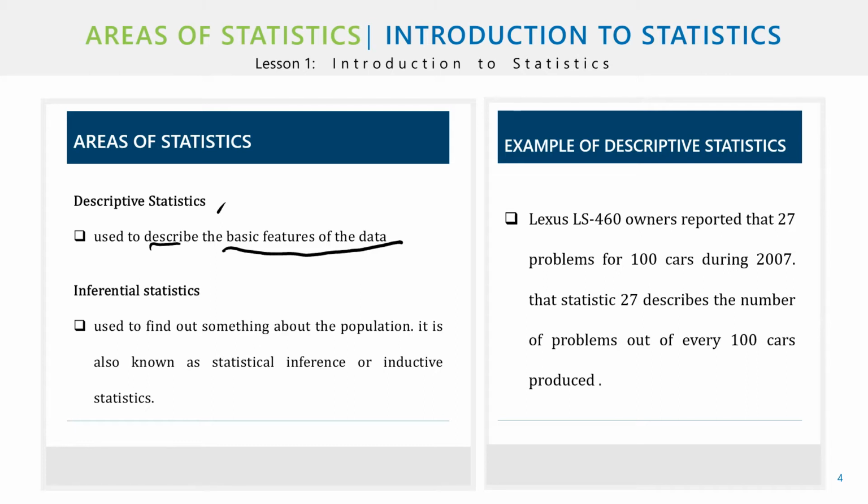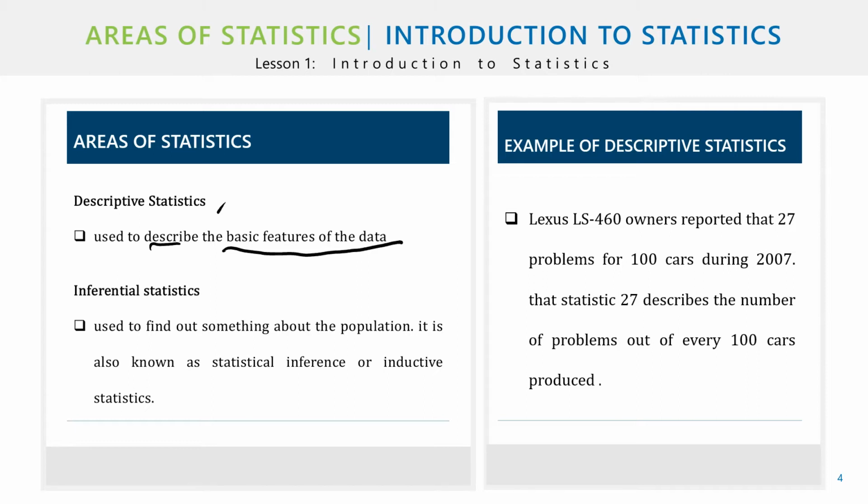So ibig sabihin, mas gusto nila talaga yung sports kesa sa e-sports. So that is an example of descriptive statistics, where you are just describing the data that you've gathered.